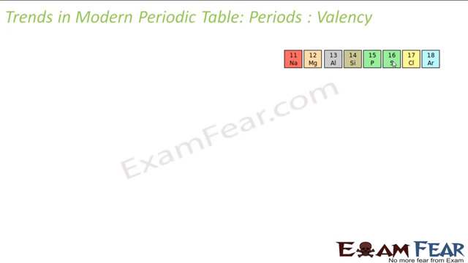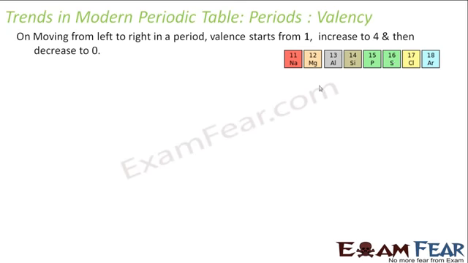If you talk about valency, the valency increases from 1 to 4 and then decreases. Valency is the number of extra electrons which it has, or it can take. Sodium has 1 extra electron, so valency is 1. Magnesium has 2 extra electrons, aluminum 3, silicon 4.